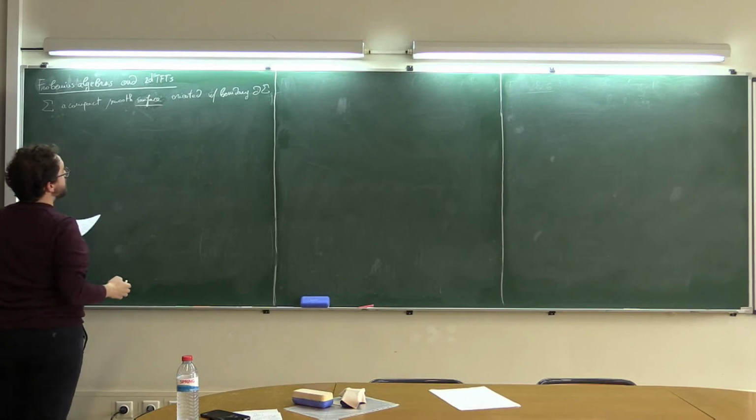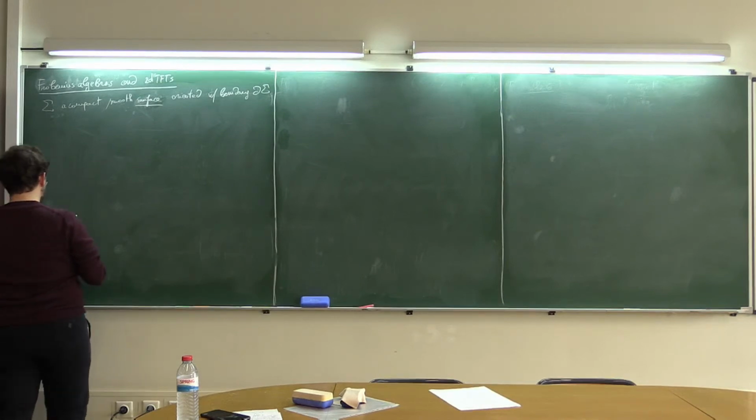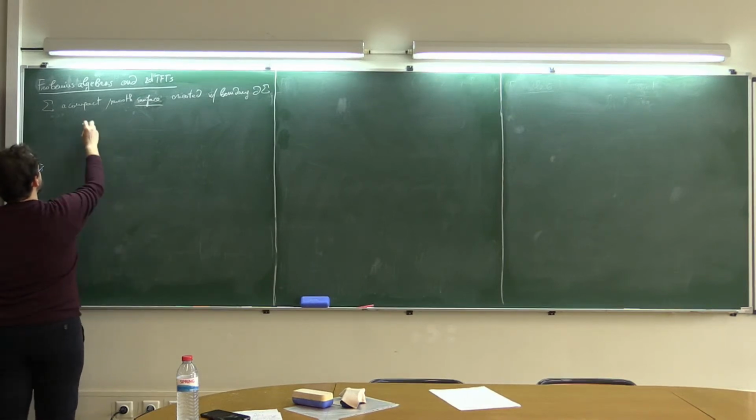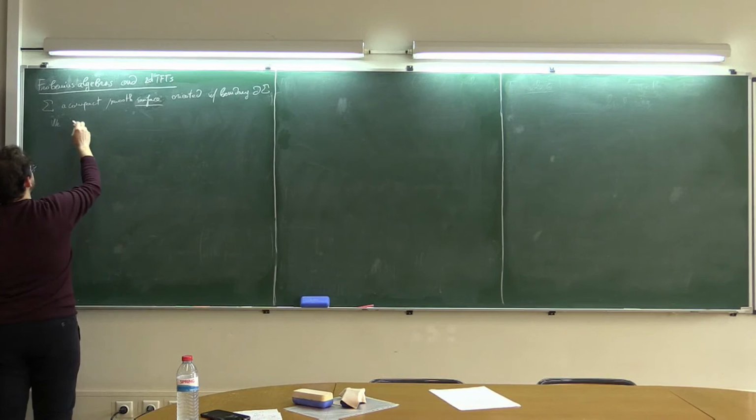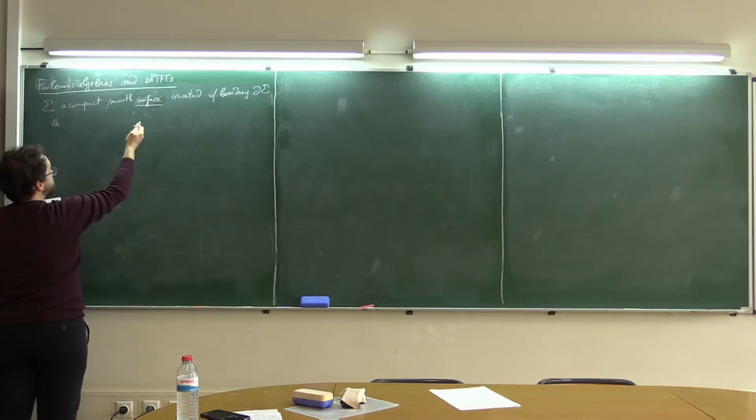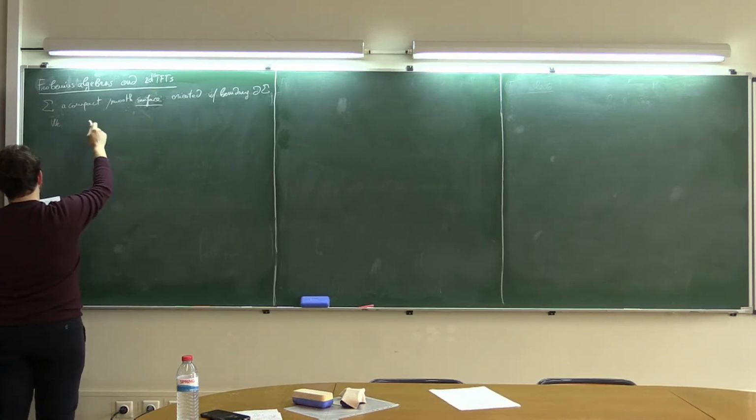And in such a case, the boundary is a one-dimensional manifold, compact and without boundary. So we have a classification theorem for one-dimensional compact manifolds without boundary.